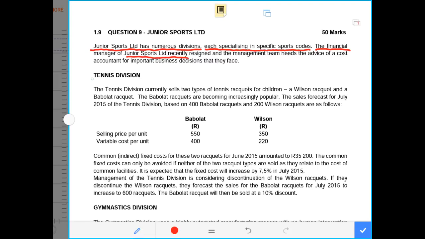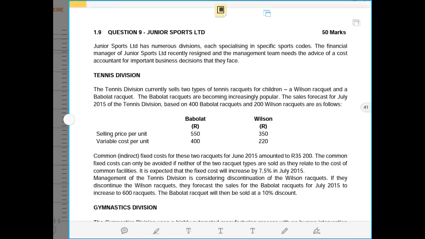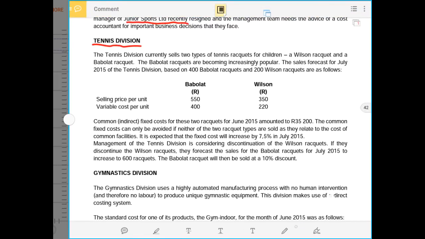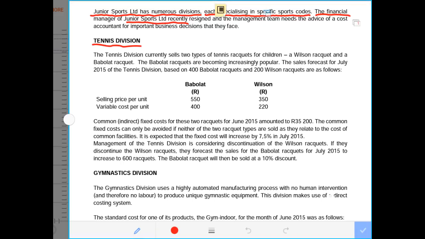So we have the tennis division, as we have already seen that the tennis division currently sells two types of products. They have two types of tennis rackets for children, which is a Wilson racket and a Babolat racket. So these are their two products, product 1 and product 2.